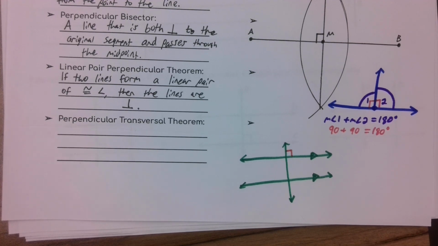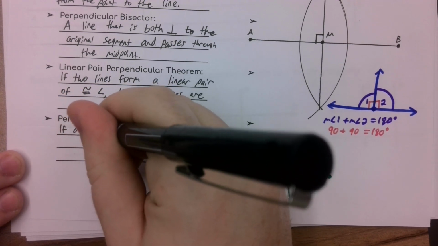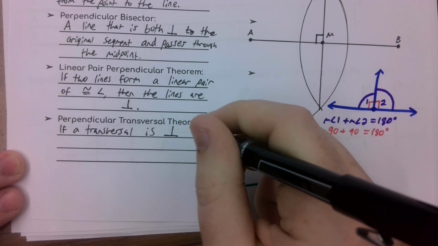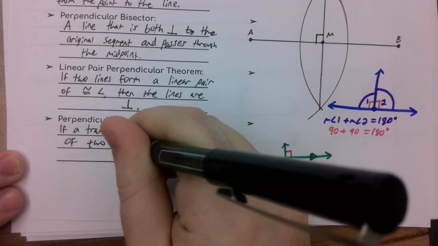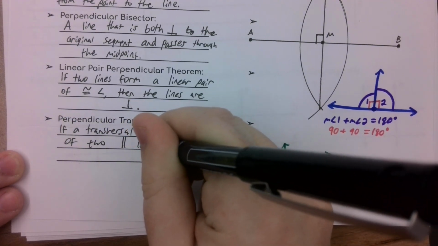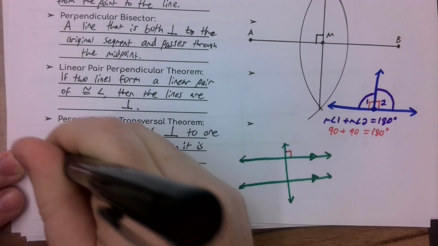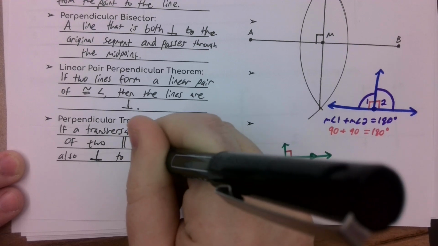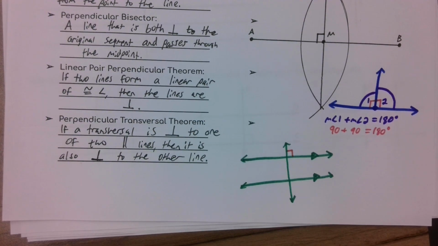But for our definition, we can write down: if a transversal is perpendicular to one of two parallel lines, then it is also perpendicular to the other line. Cool.